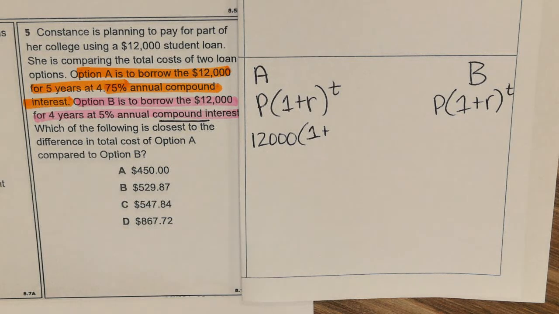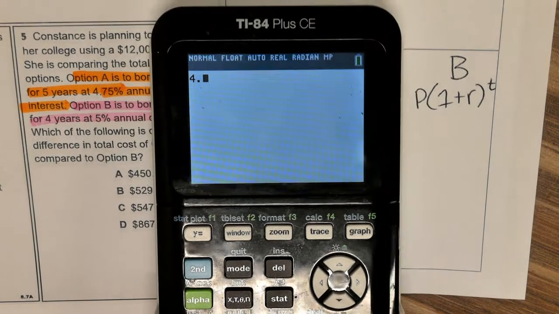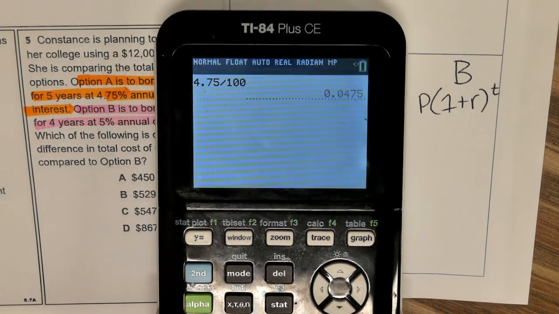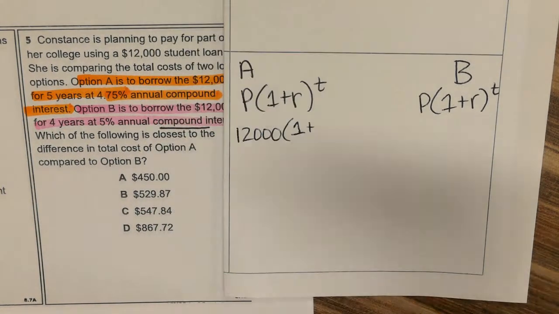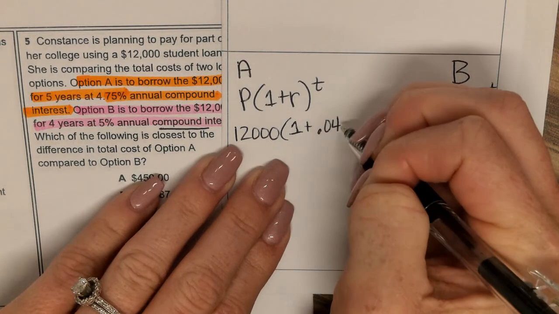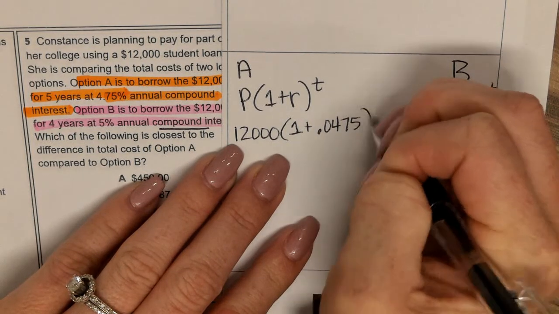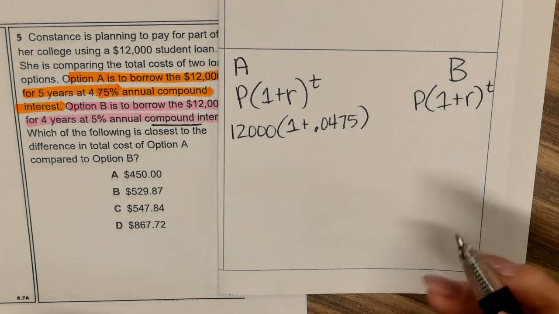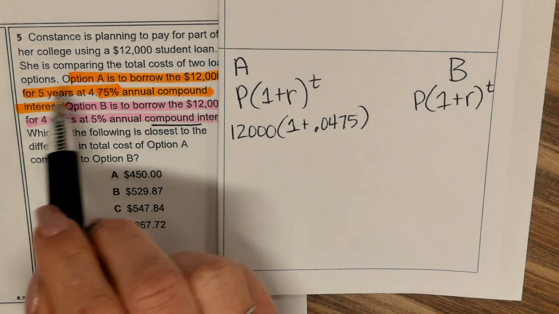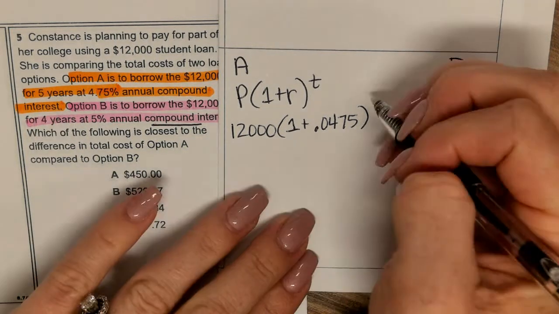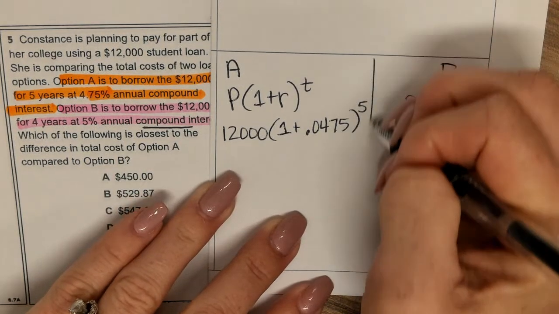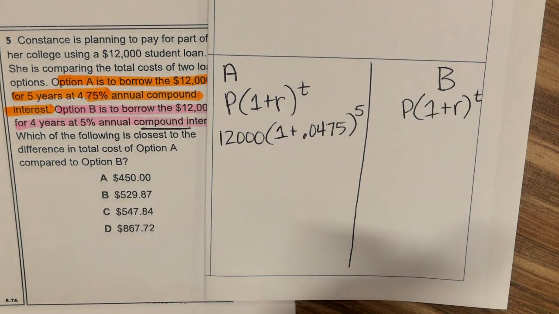So what do we have to change that to? A decimal. So I go 4.75 divided by 100, which is 0.0475. Close the parentheses. And what was the time for option A? 5. And I'm going to separate these by a little line. I'm not even going to type that in my calculator yet. I'm going to go set up option B now.